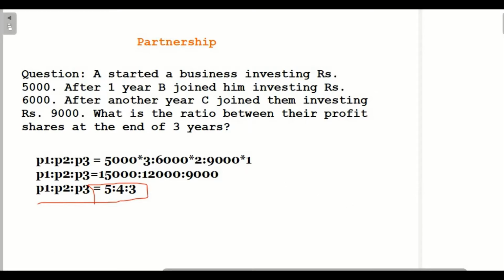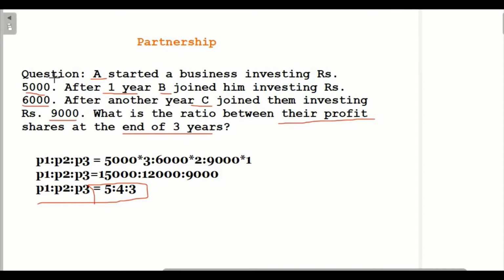So let me tell you again. Here A has started a business with 5,000 of investment, and after 1 year B has joined with 6,000, and after 2 years C has joined with 9,000. What we have to find is the ratio share between the three.